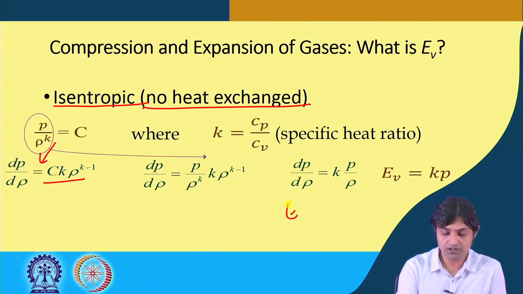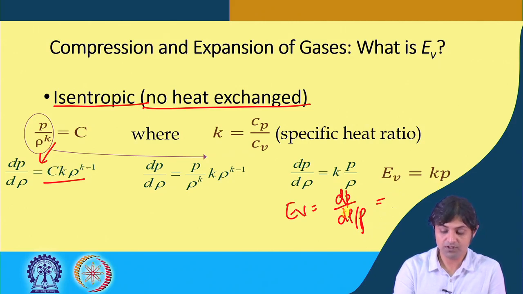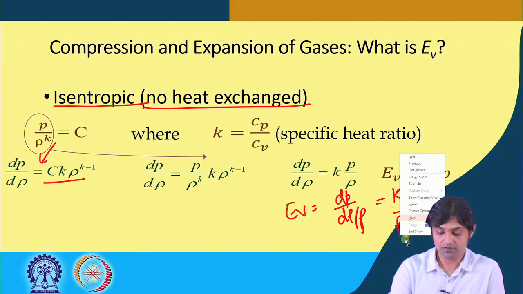Or we can also write EV, because EV is given as dP by d rho by rho. Therefore, we have dP by d rho as kP by rho, divided by rho. So we get kP.